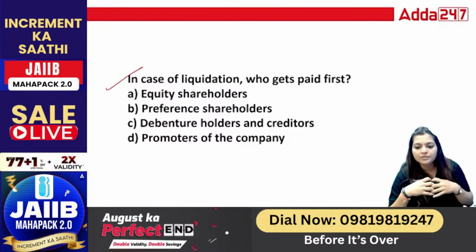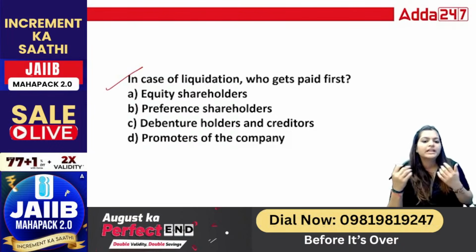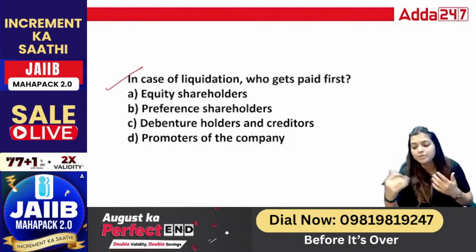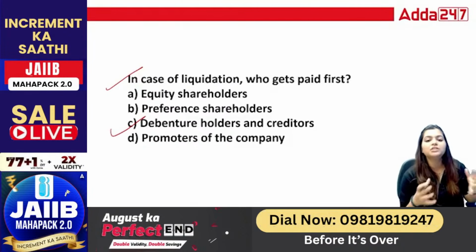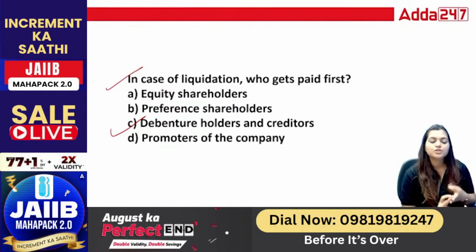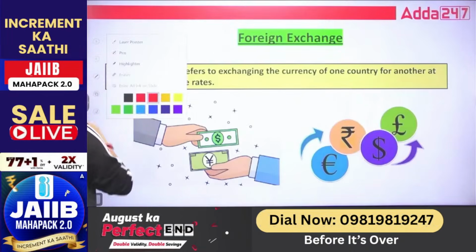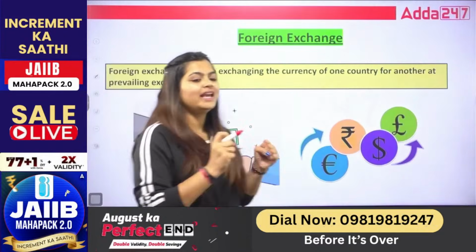Before returning my own amount, before giving to my preference shareholders or to my promoters, firstly I will pay the outside parties, the third parties, like debenture holders, creditors, banks. So who will get paid first at the time of liquidation? Debenture holders and creditors.